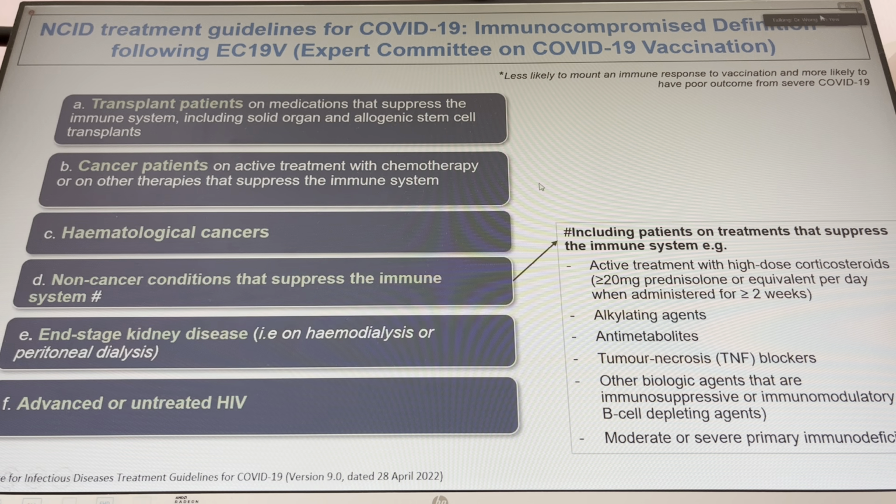Before I move on to my concluding slides, I just want to emphasize that in transplant patients, we really cannot be giving Paxlovid, because there's significant drug interaction with drugs like tacrolimus or sirolimus. Okay, next slide.